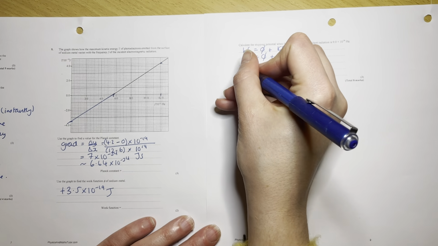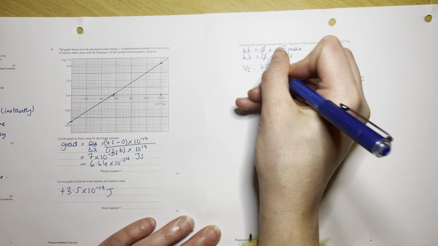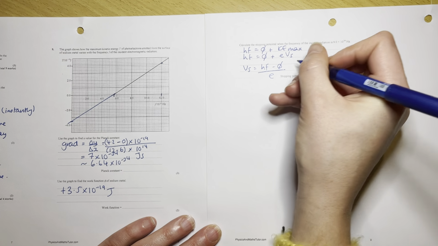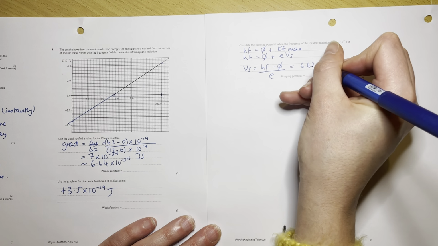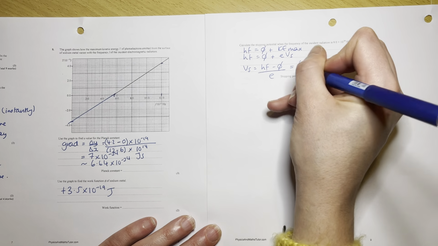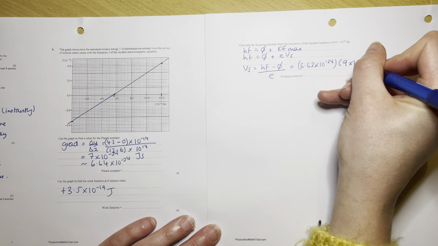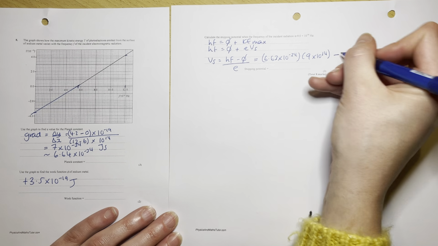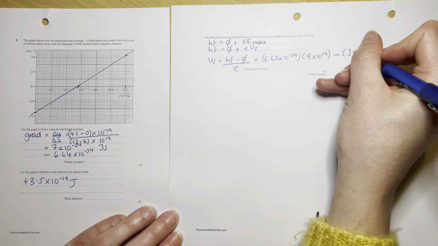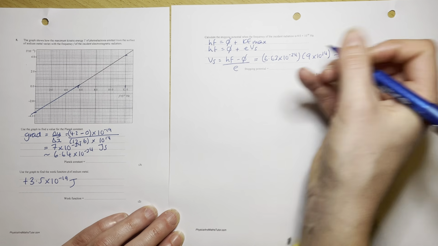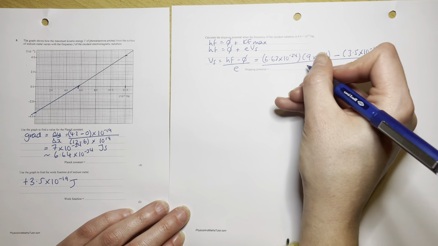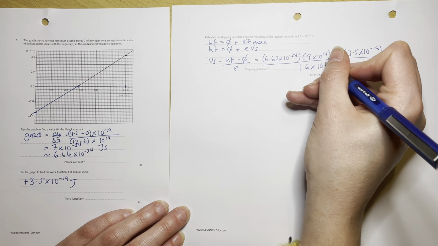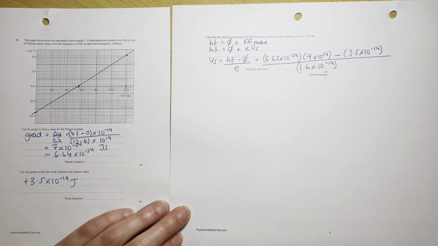So we want to know Vs, that's going to equal hf minus phi, all divided by e. h is 6.63 times 10 to the minus 34. The frequency, I'm told, is 9 times 10 to the 14. The work function I've worked out is 3.5 times 10 to the minus 19, or whatever you got for that, and divide that by the charge on an electron, 1.6 times 10 to the minus 19.